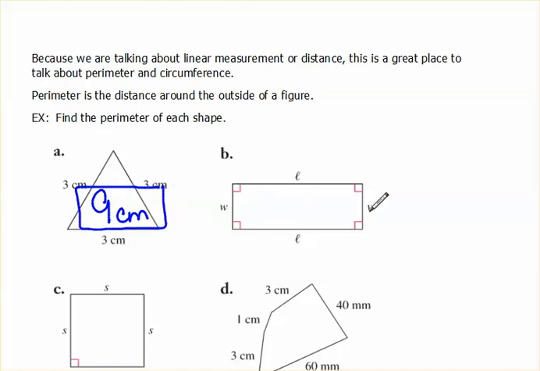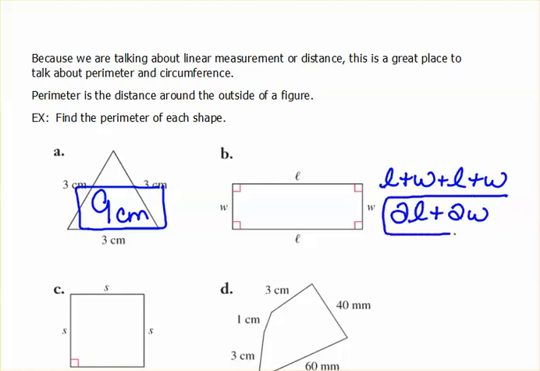Over here, we don't have any numbers. They've just told us we have an L, a length, plus a width here that they call W, plus another L for length, plus another W for width. So when we put those together, that's 2 lengths plus 2 widths.